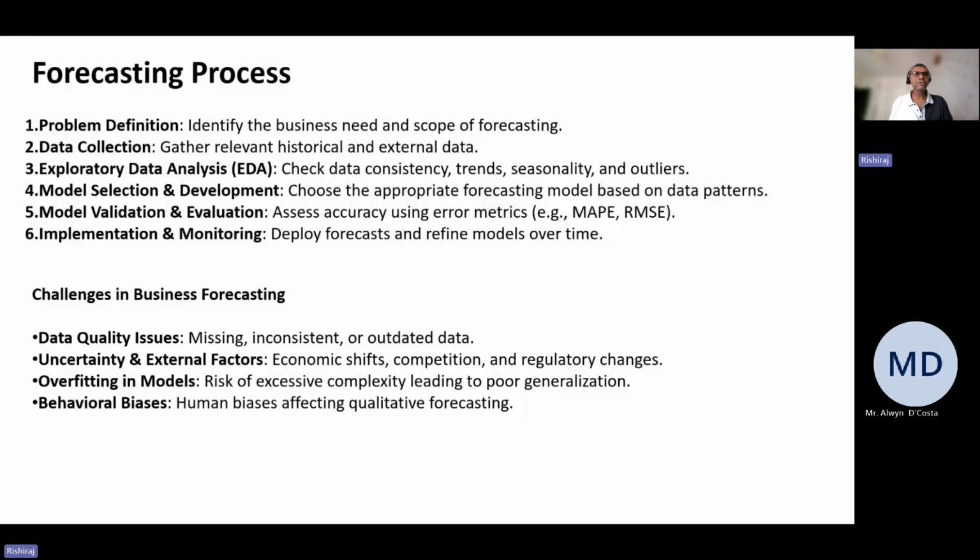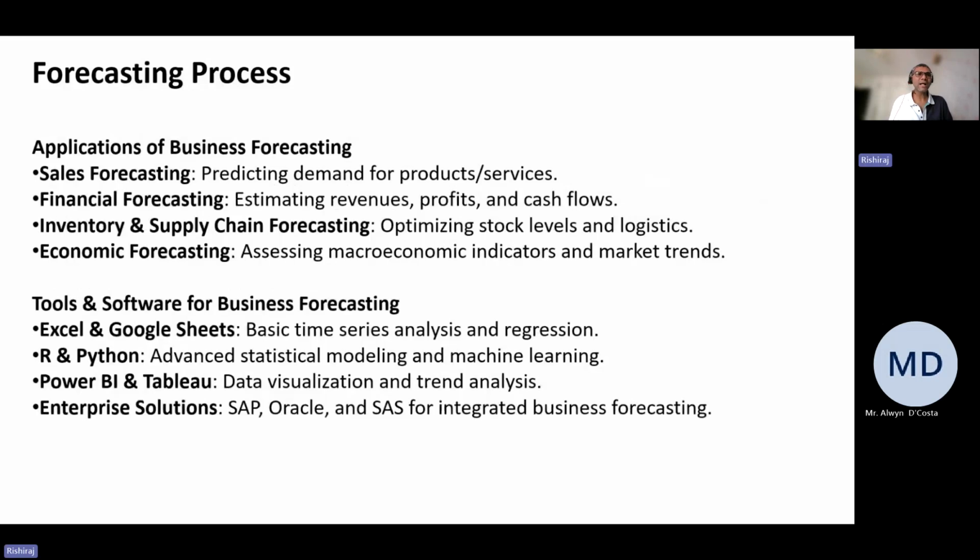So where do I apply business forecasting? The most common application in business is sales forecasting. We predict demand for products and services. When I say sales, there are two aspects. It's the quantity that is being predicted. We call it demanded quantity or quantity demanded, or we call it sales volume.